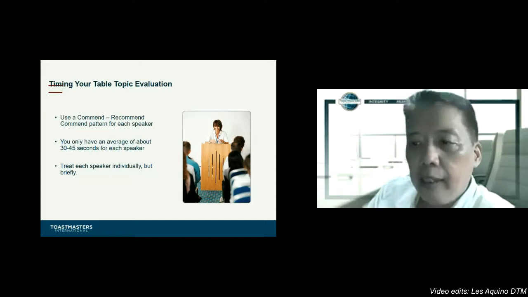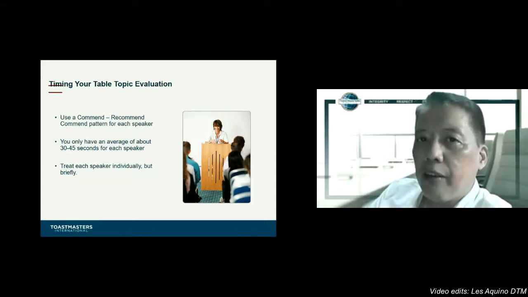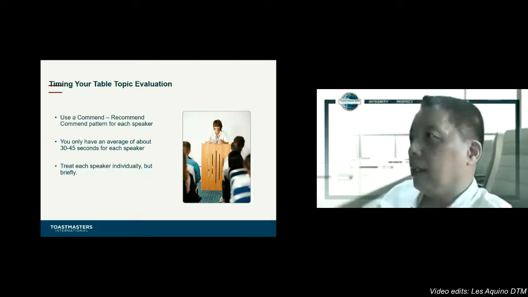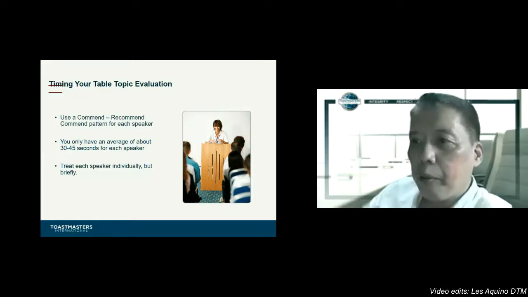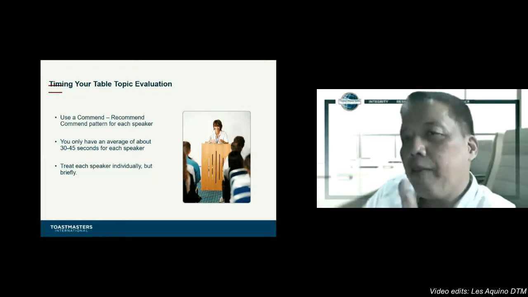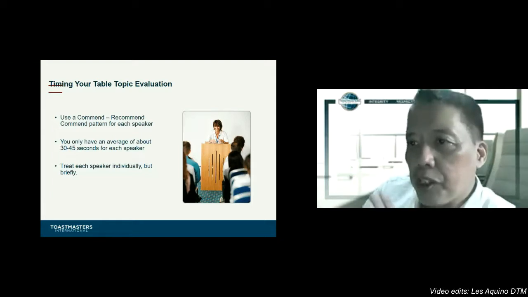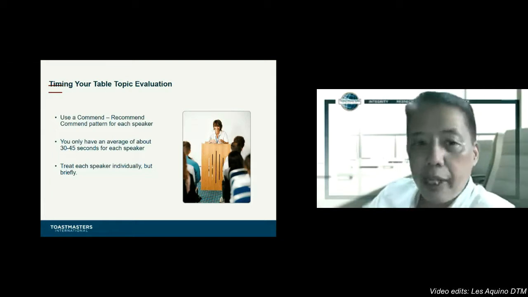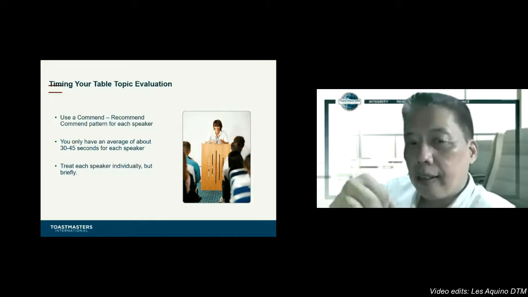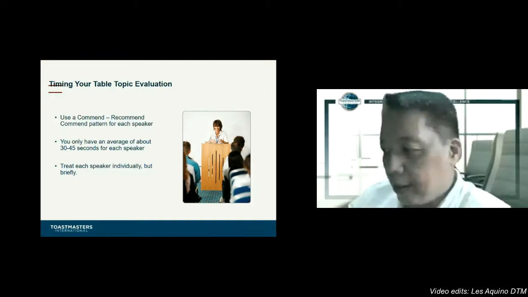I've seen some table topics evaluations where the evaluator would say something like, oh, everyone was able to practice the prep outline, everyone spoke well. No, evaluation is about giving feedback specifically to each individual. And make sure that each person gets a commendation, recommendation, and commendation.